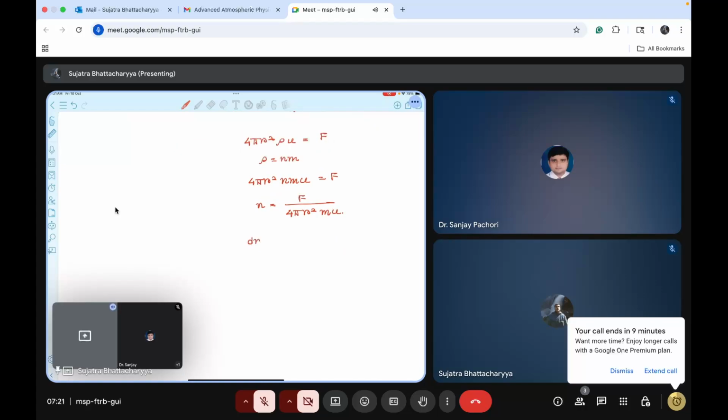And let's say dn/dr. Differentiating n with respect to r, dn/dr will be equal to F divided by 4 pi m.